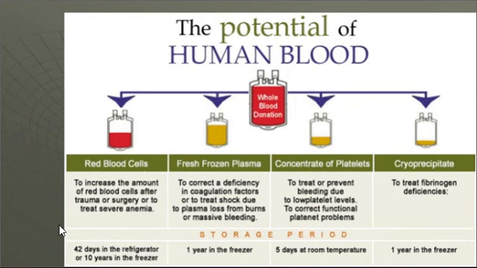Fresh frozen plasma, you'll hear it or see it written as FFP. Fresh frozen plasma is used to correct deficiency in coagulation factors or to treat shock due to plasma loss from burns or massive bleeding. I've been in situations where you're hanging both of these constantly on a bleeder, like a GI bleed or something.